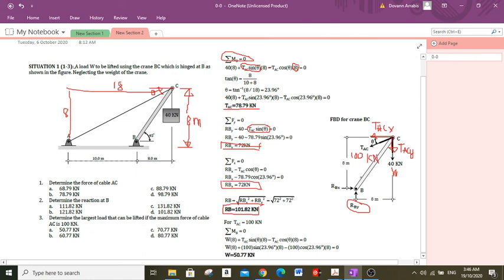To determine the magnitude of W, the maximum weight, we will again use the summation of moment about point B, and by doing that, we can get the magnitude of the weight W.